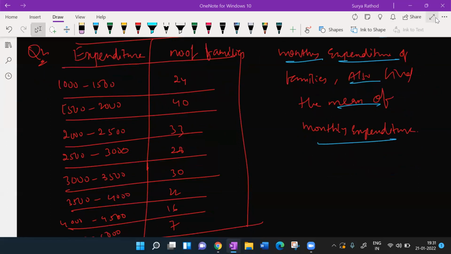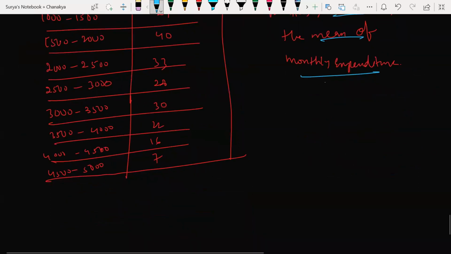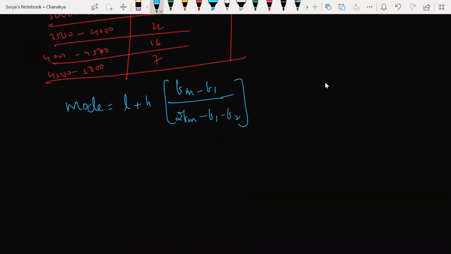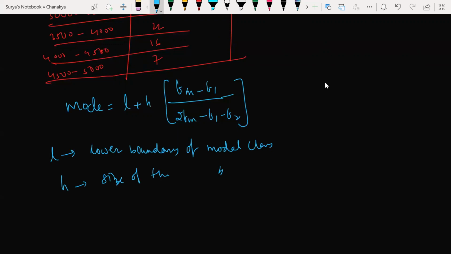I told you, I'll give the formula. The mode formula is L plus H times Fm minus F1 divided by 2 times Fm minus F1 minus F2. What is L here? Lower boundary of the modal class. What is H? Size of the modal class.